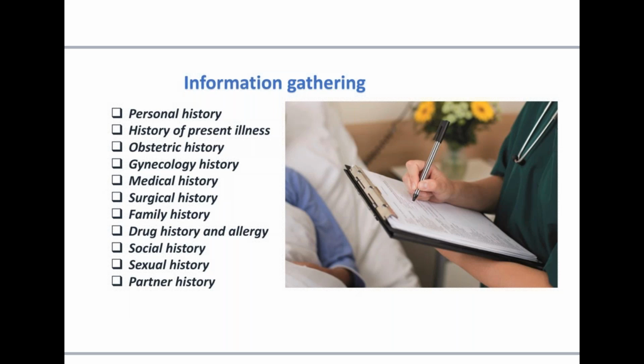But if we have a pregnant lady, how will we take the obstetric history? First of all, we need to confirm that the current pregnancy is healthy. So can you tell me more about your current pregnancy? Is everything going well so far? How about your screenings and scans in this pregnancy?